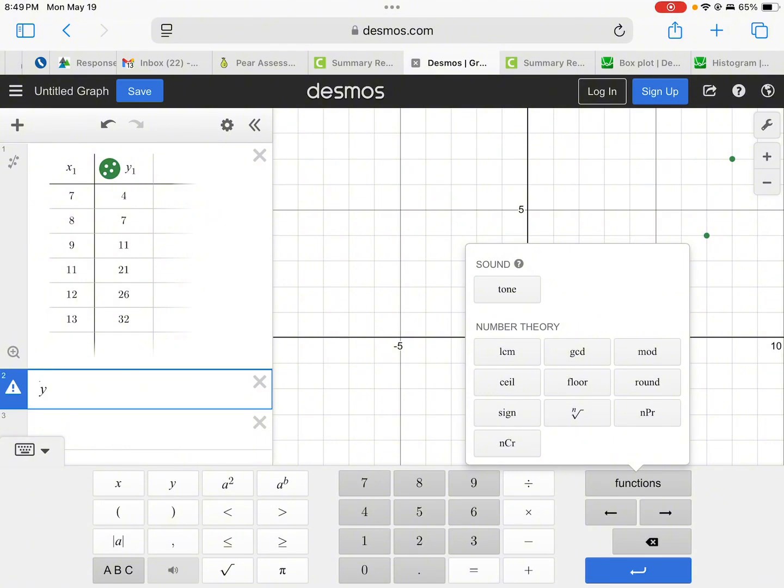Well, okay, I am going to see if I can do it here.